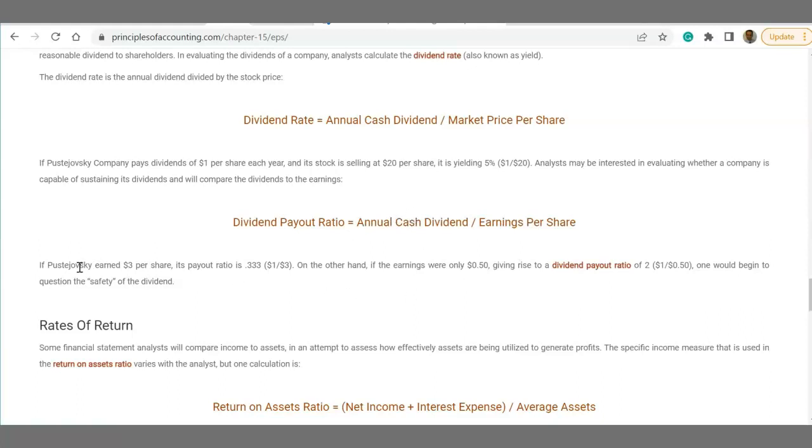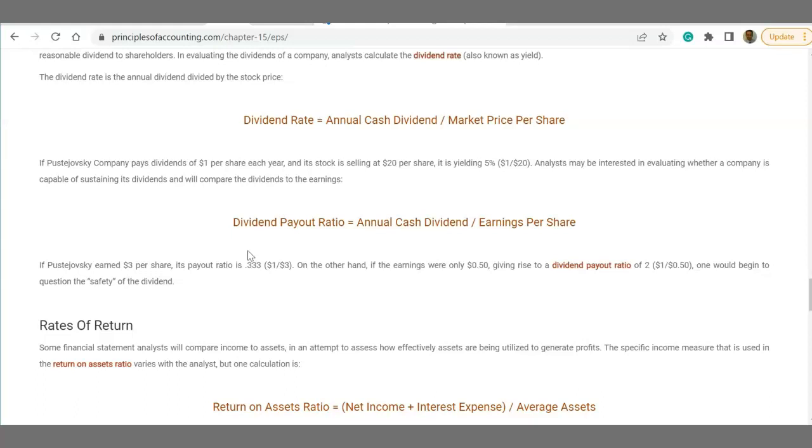Let's say in this example earnings per share is $3 and the dividend is $1. Its payout ratio is 0.3333, that means $1 out of $3, which is 33.3%.